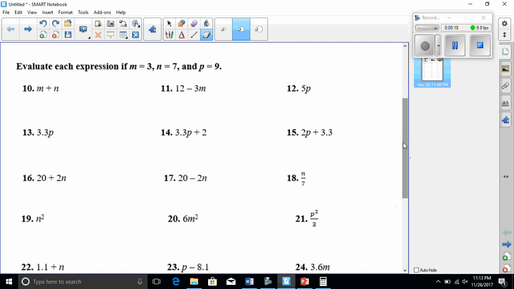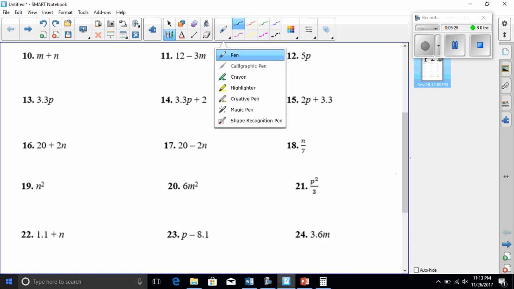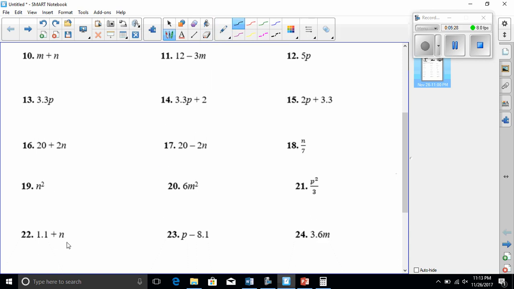N is 7. That's going to give me 1.1 plus 7. And we have to line it up properly. And if I do that, that's really just going to give me 8.1.